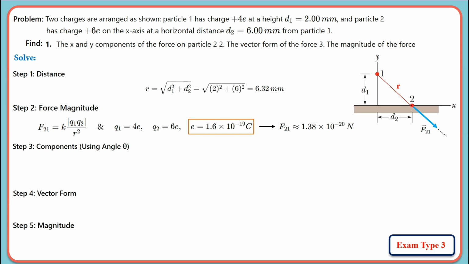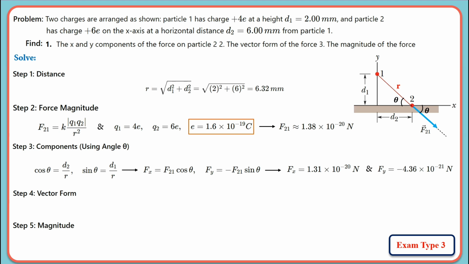Now, for the components, we use the angle theta, which is the angle between the force and the horizontal axis. From the geometry, cosine theta equals d2 over r, and sine theta equals d1 over r. So we write Fx equals F21 cosine theta, and Fy equals minus F21 sine theta.